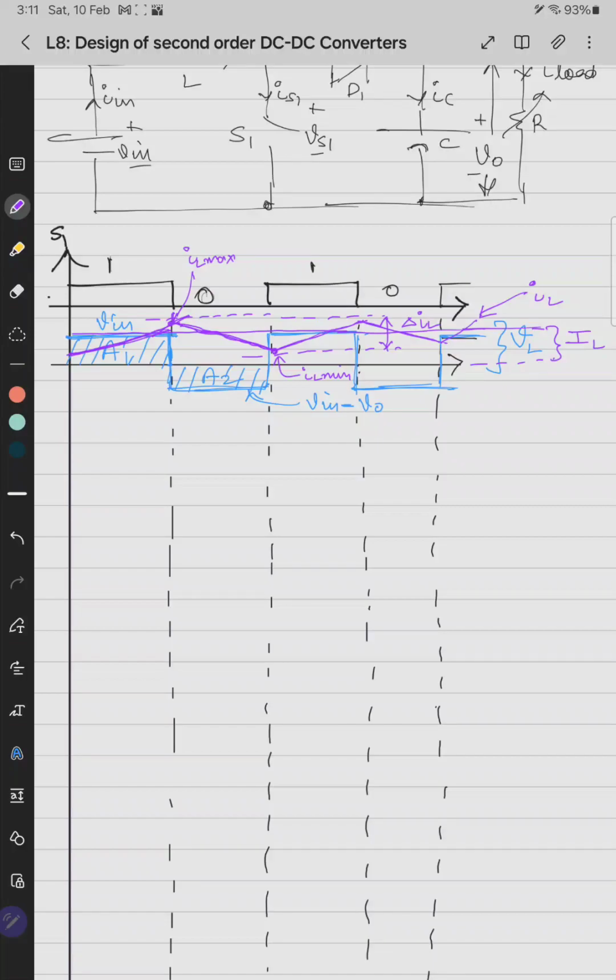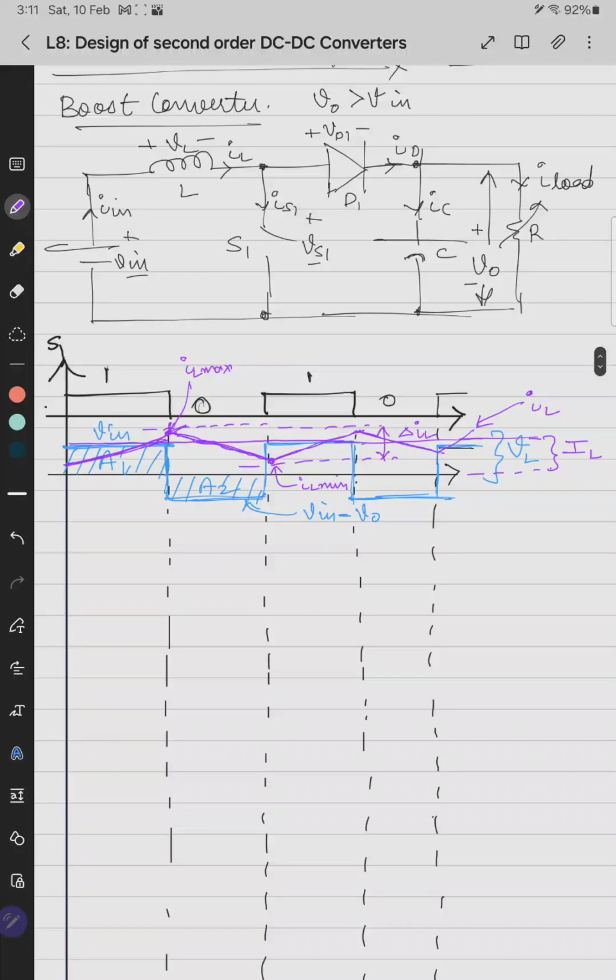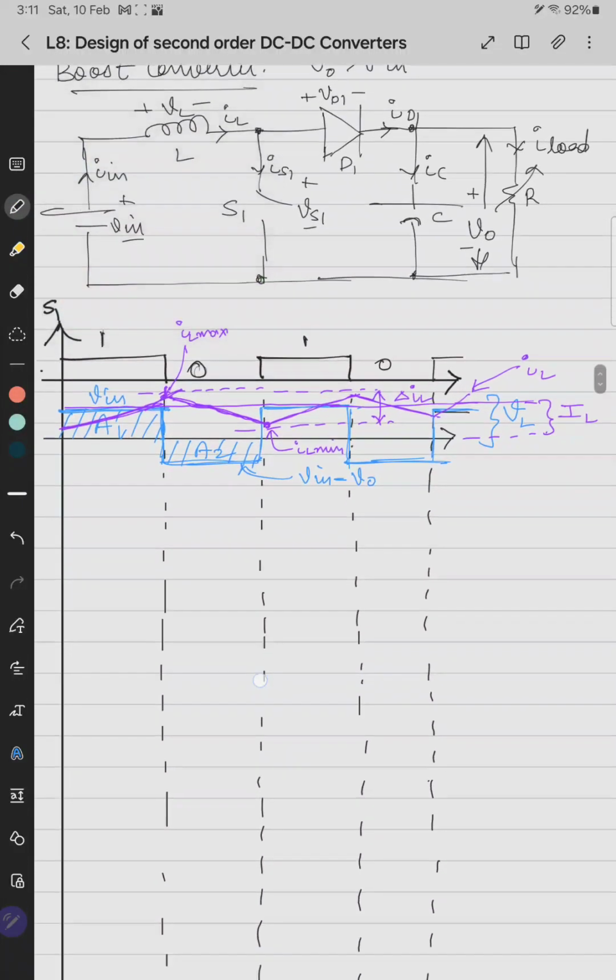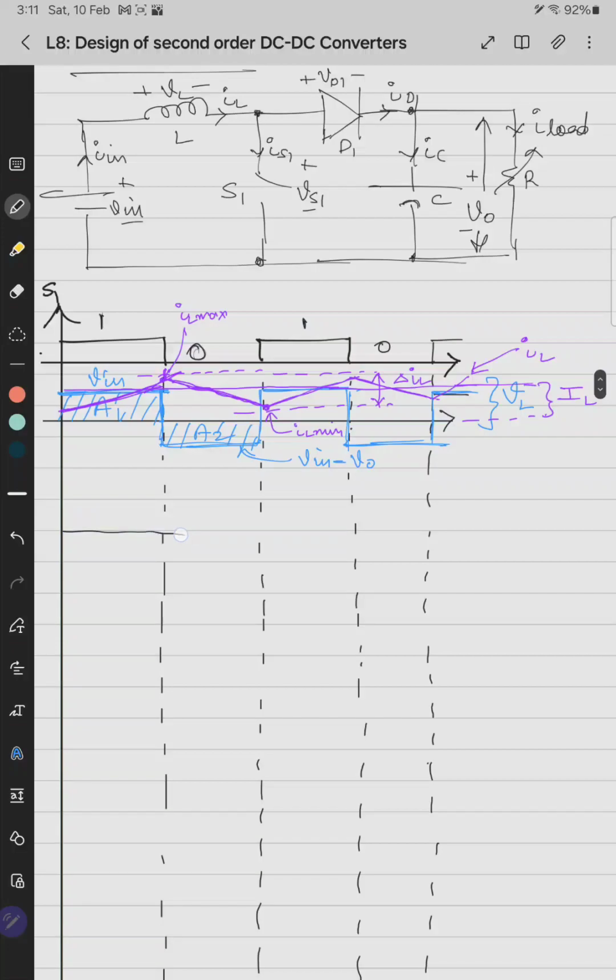So later we'll derive the equation of volt second balance, the relation between V0 and Vin. But first let's draw and complete all the waveforms. So this is done. Now let's go to the switch. When the switch is on, the voltage across it is 0.